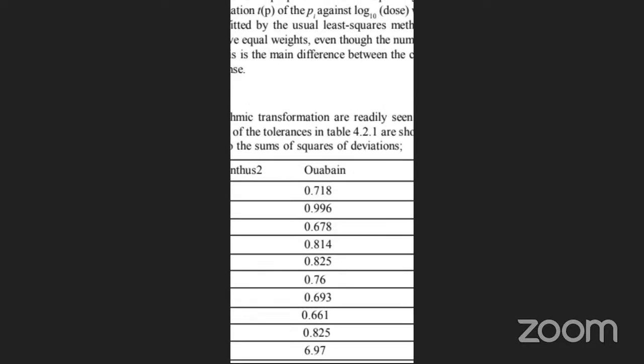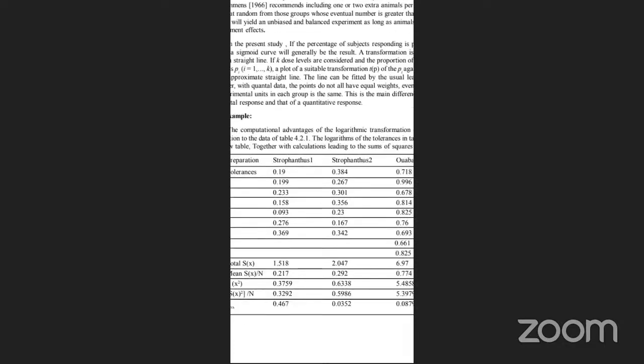So these are the values of tolerances of one case, another case, and the third case. So these total and these mean, this S square x, S square x by n, and ratio Sx in covariance. So this 0.4, this 0.3, this 0.08.